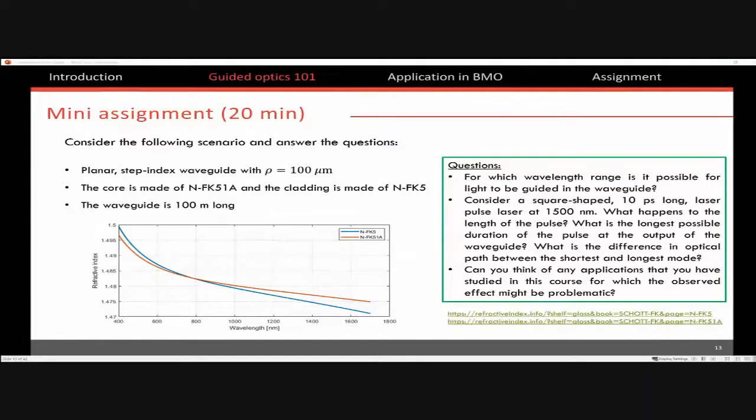All right, excellent. So can you maybe just think out loud? What do you think would be the difference in the input angles when you're using this waveguide around, let's say, 900, or when you're using it at 1600?